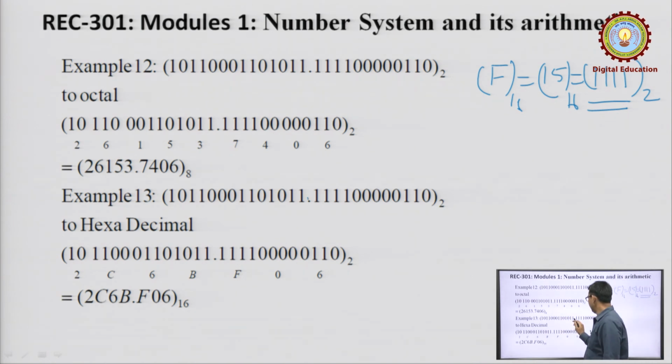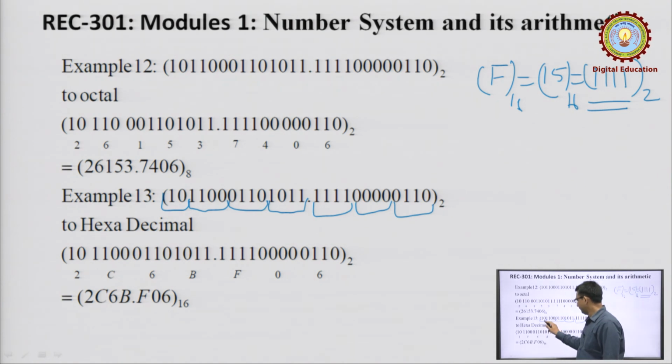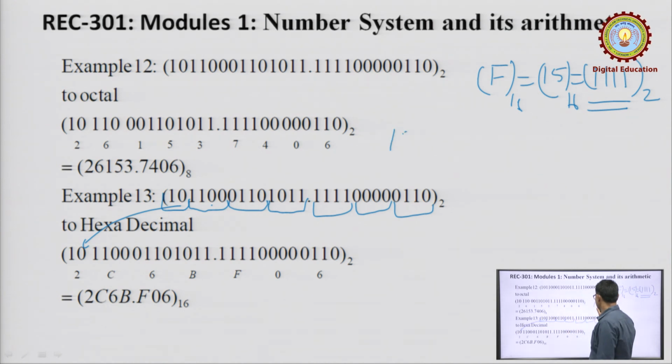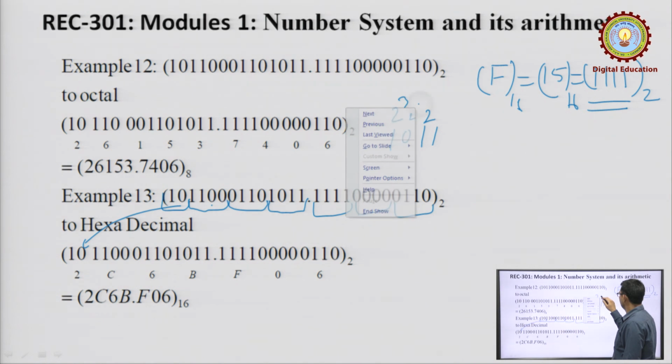So from here we will start. So these are the fast methods. So from this one we get 1 0 1 1. 1 0 1 1 means 2 to the power 3, 2 to the power 2, 2 to the power 1, and 2 to the power 0.